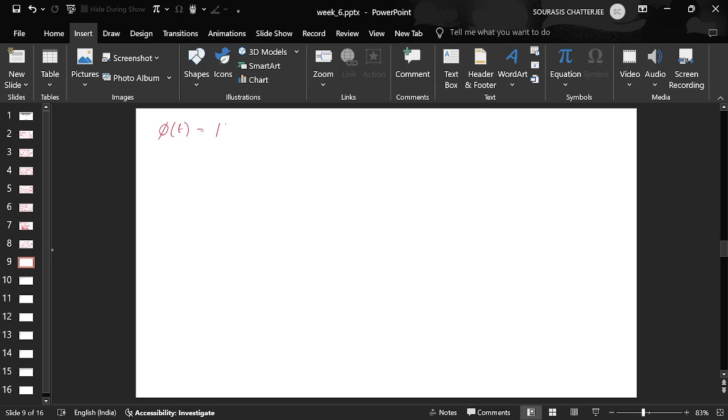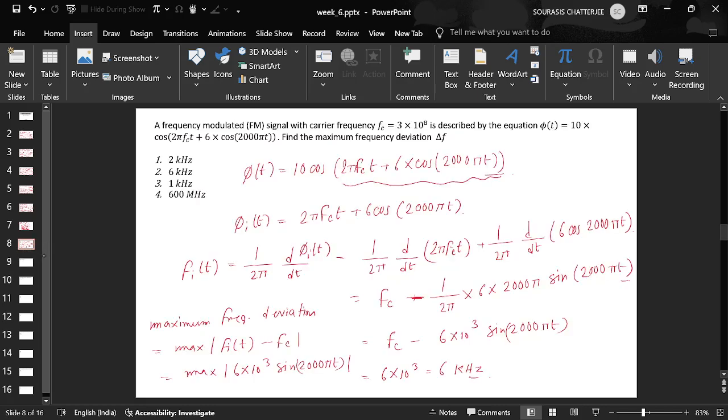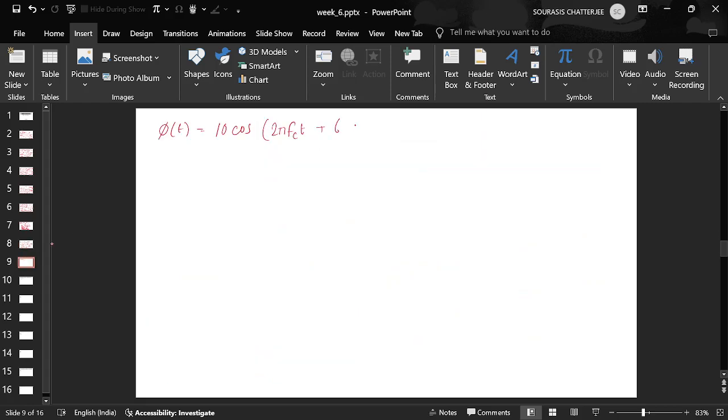We have phi(t) is equal to 10 cos(2 pi fct plus 6 cos 2000 pi t). If you compare with the standard expression of frequency modulated signal, for this you can see a sinusoid modulated signal.